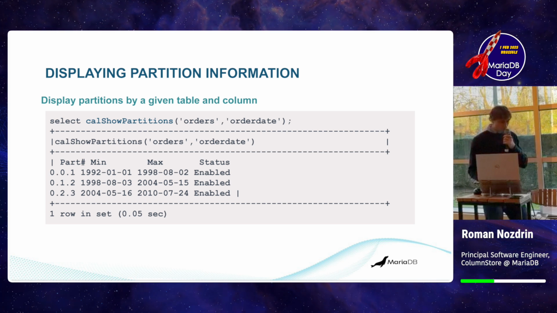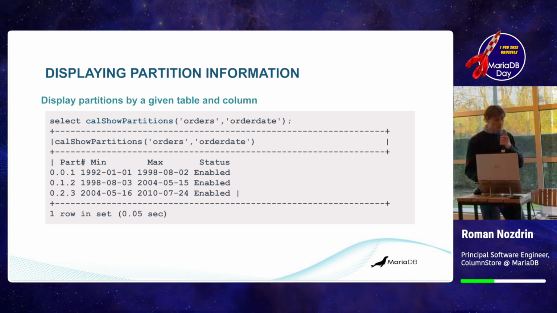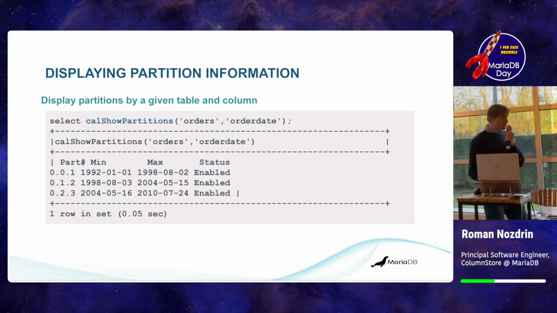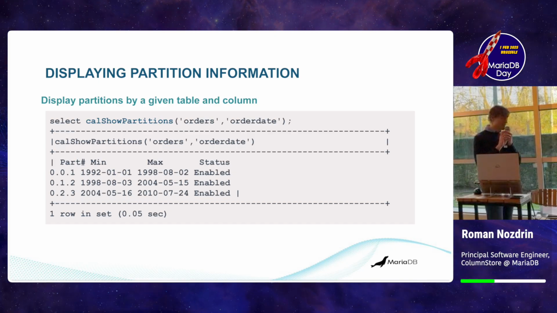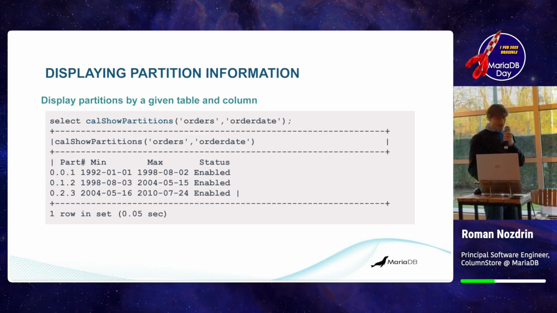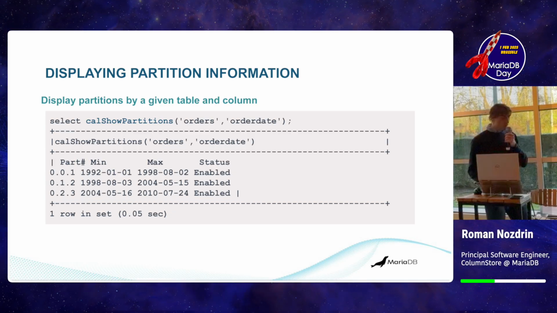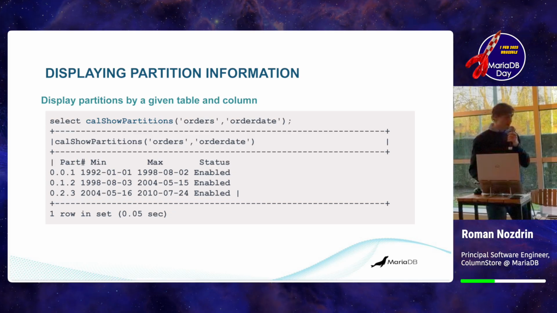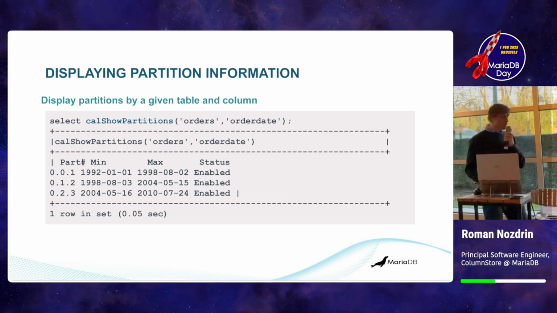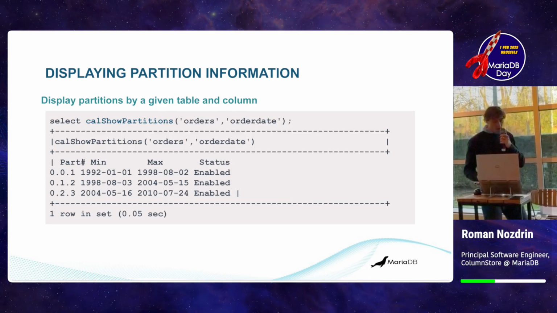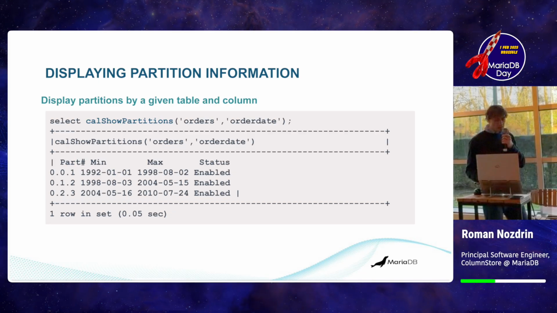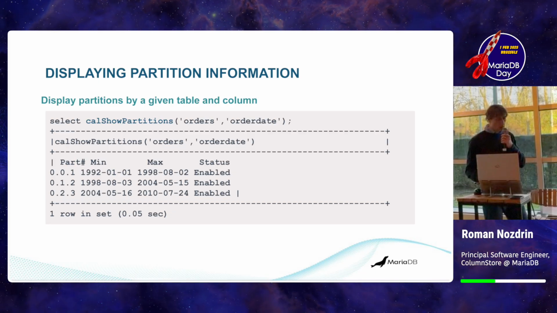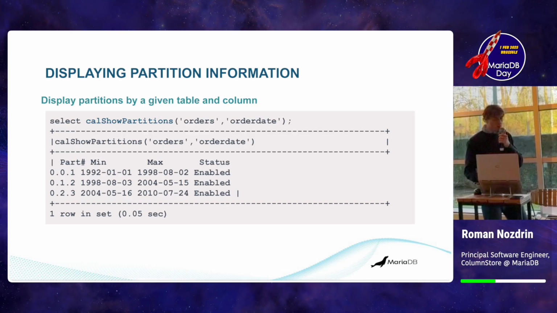So the min and max values, they are actually used under the hood by Columnstore to filter the data. That is, I would say, a semi-index. That's one of those scarce index types that are available for columnar databases. But moreover, you can actually clean up the data and use the min and max values for that purpose.